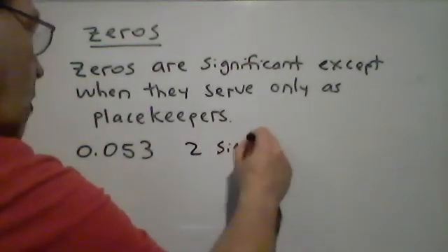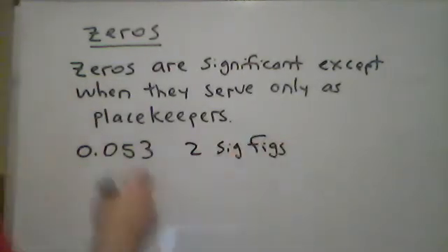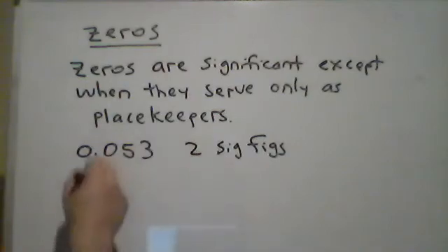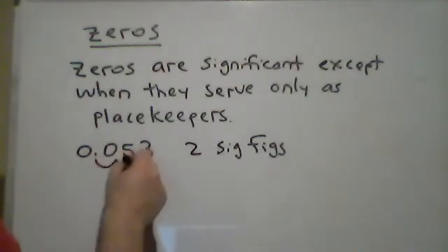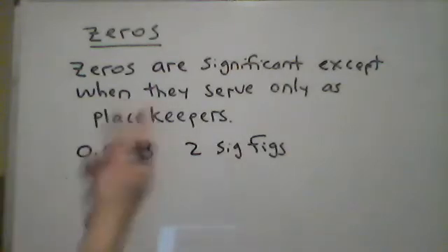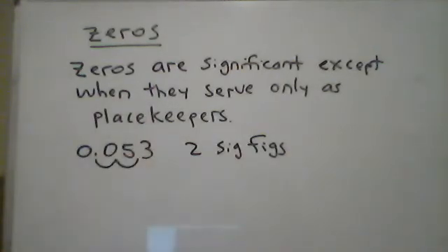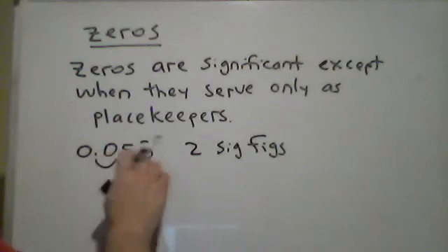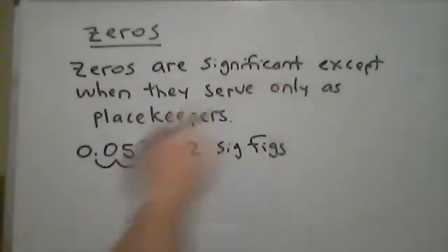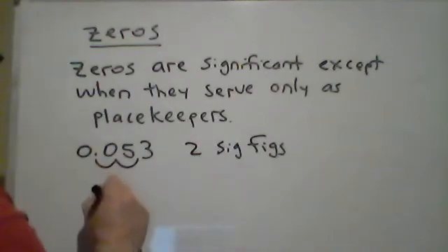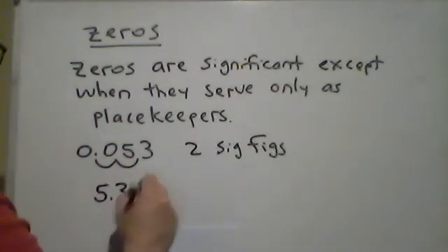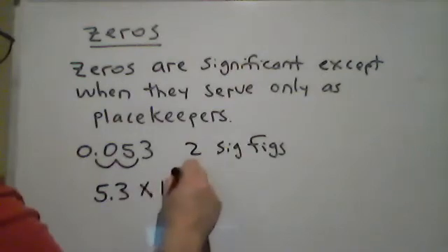If you're not sure, and this is a little confusing, you write it in scientific notation. I hope you guys are familiar with that. Scientific notation means, well, what I have is a number smaller than 1, so I count how far I'd have to move the decimal to get past the first non-zero digit, and I would write this as 5.3 times 10 to the negative 2.